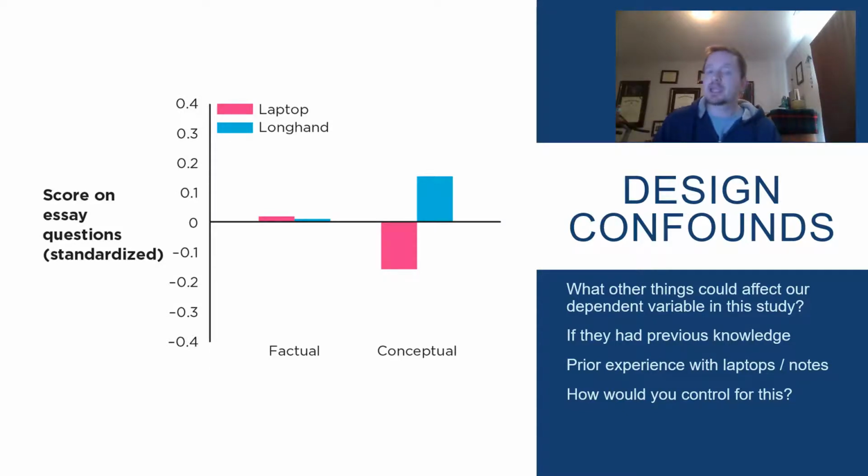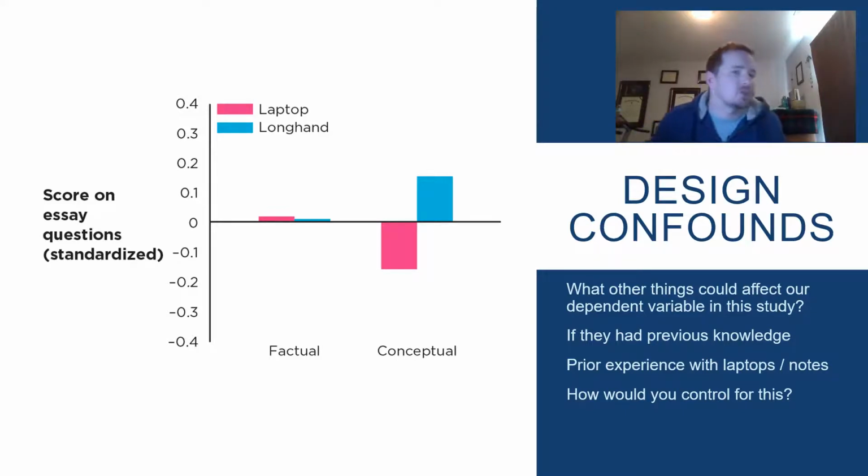So in this case, a potential design confound is that you would want to have a video or information that they had never learned before, content that they all had equally or the same amount of experience going into it. So the way you would control for that is having a new video, something they'd never experienced before or never heard of before.